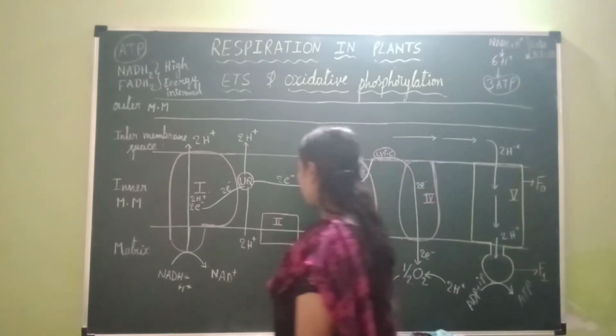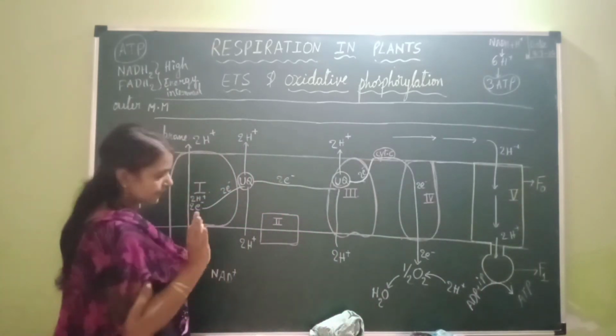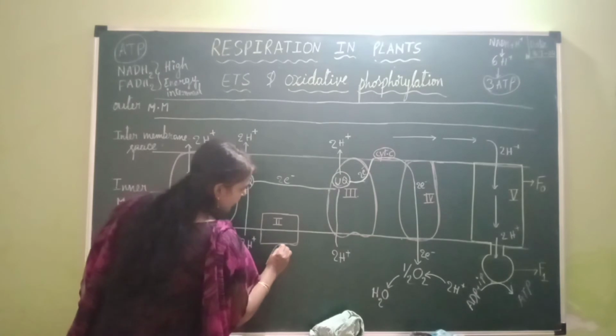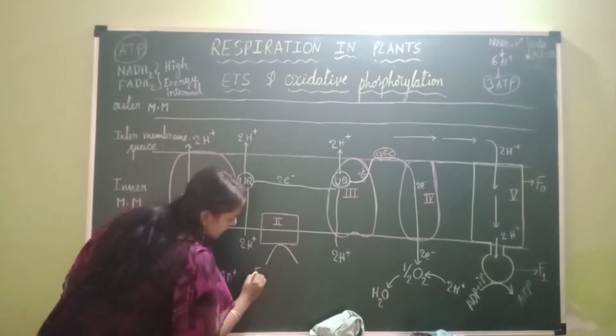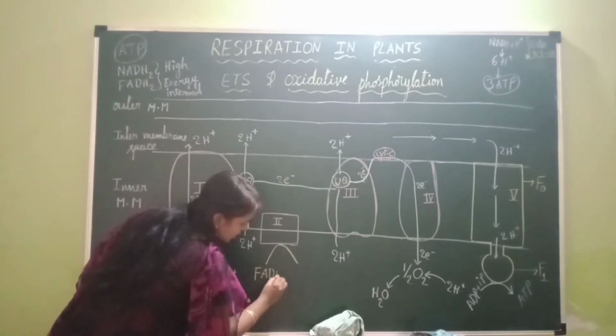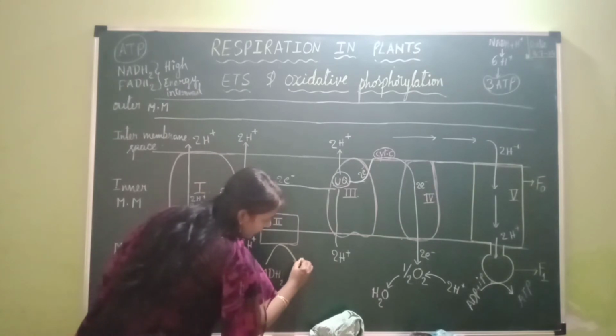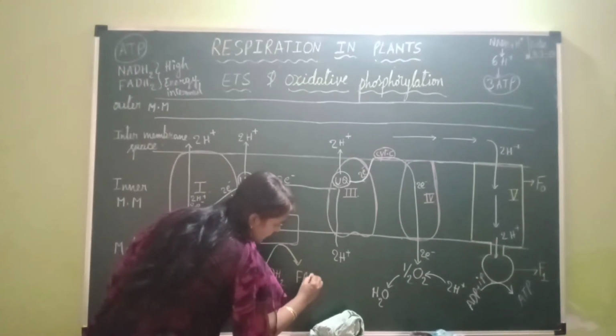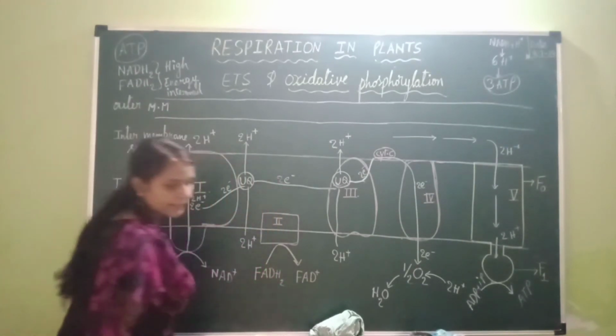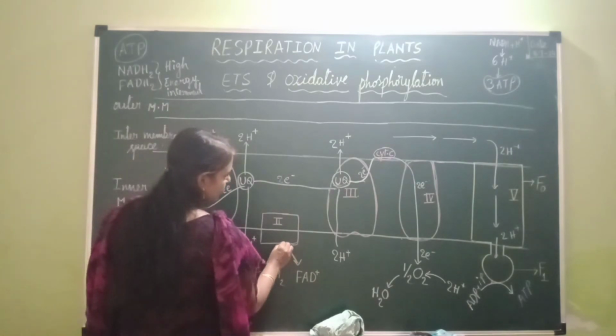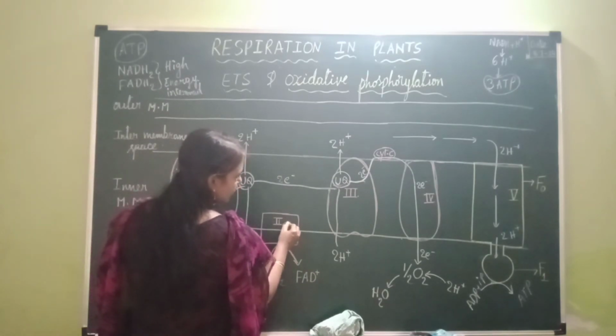FADH2 undergoes oxidation through which complex? The second complex. After oxidation, that is breakdown of FADH2, FAD plus is released into the matrix, whereas electrons and protons enter this second complex.